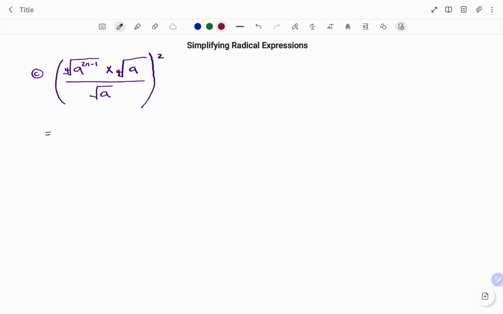The radical law states that if I have the same root, let's say this is root to y of x, multiplying root to y of z, I can merge them under the same root y. Then I have x times z. So I'm going to do the same for my numerator. I still have my big bracket.